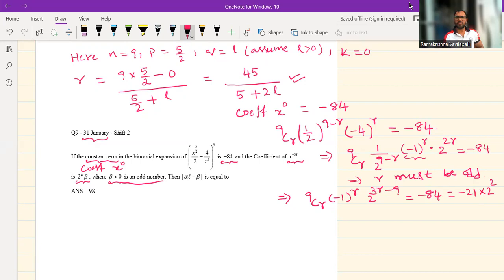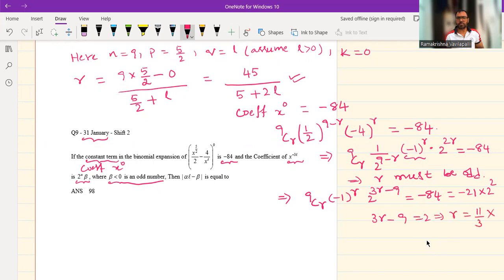Here you see, if I equate 3R minus 9 equal to 2, then you will get R equal to 11 by 3.